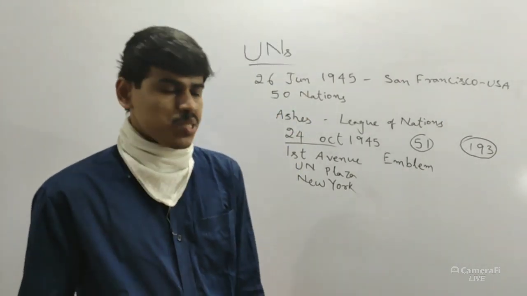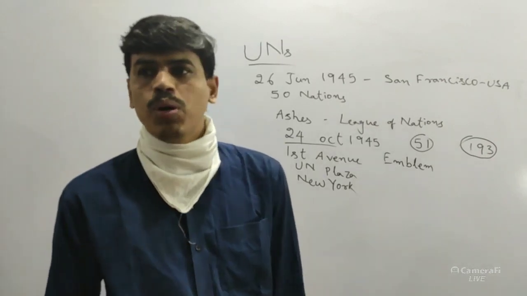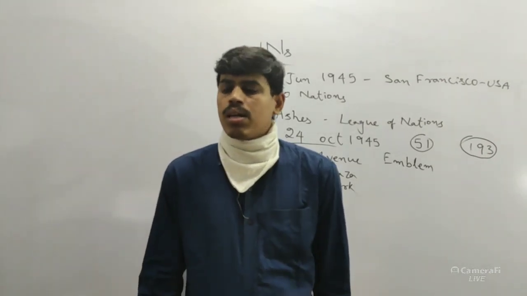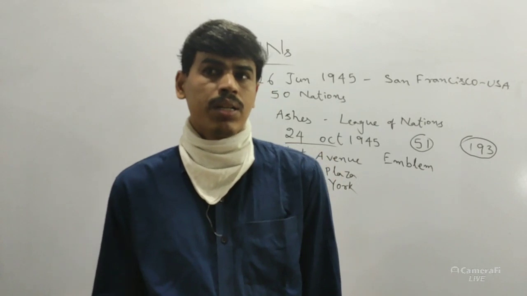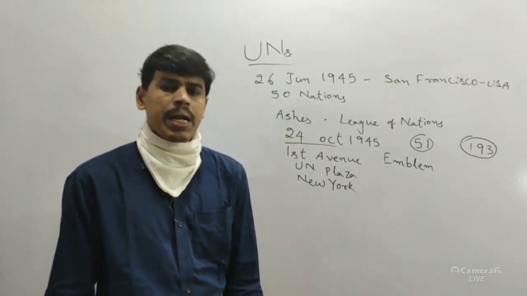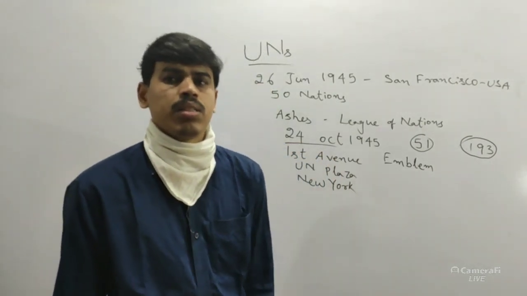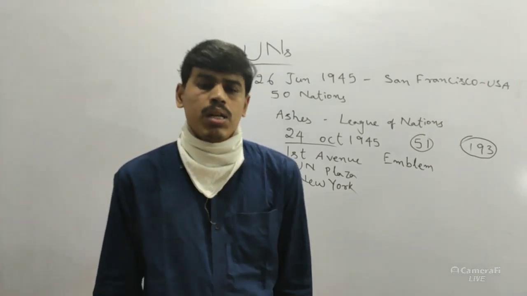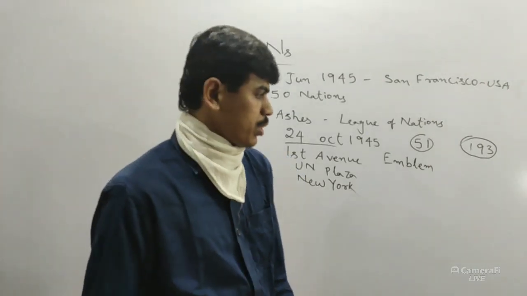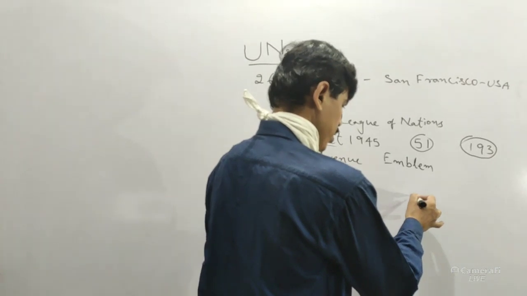This flag consists of the North Pole, a rough map of the world, and it is surrounded by a twin olive branch.